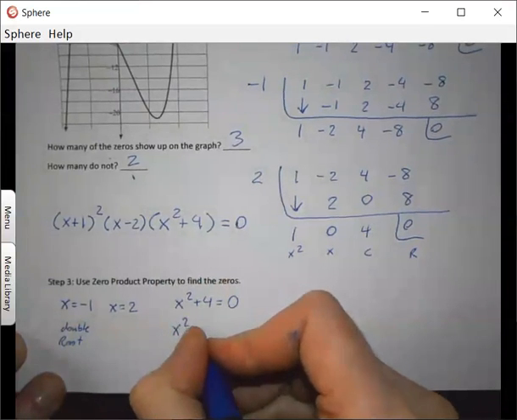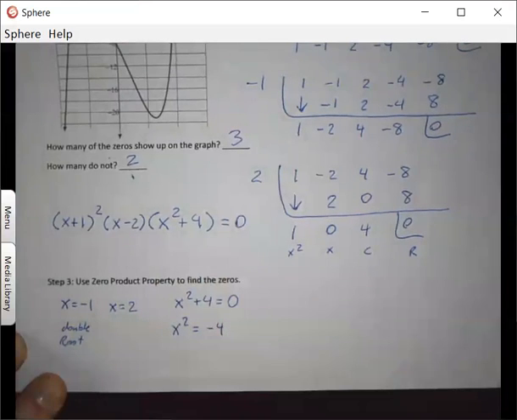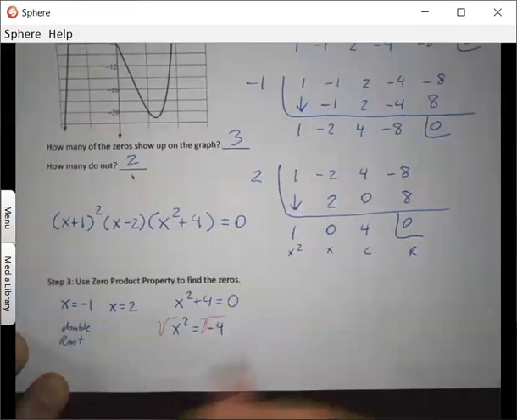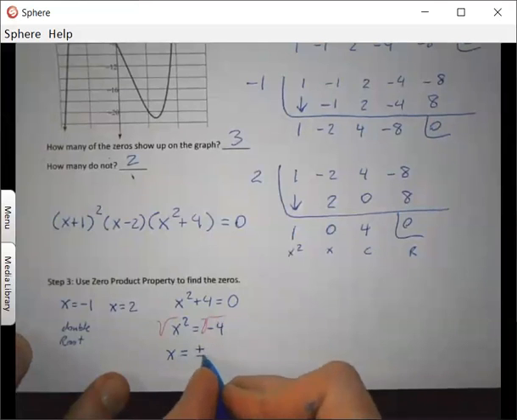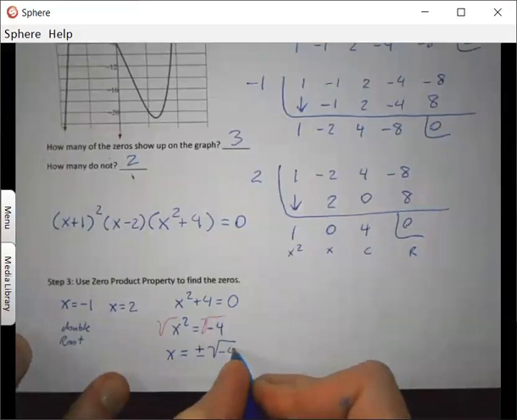Let's say x squared is equal to -4. Square root both sides. So x is equal to plus or minus the square root of -4.